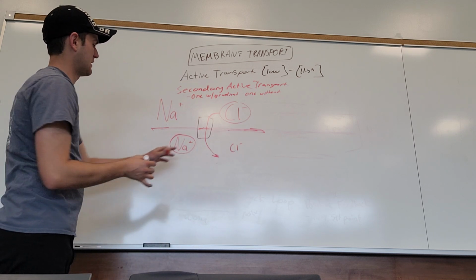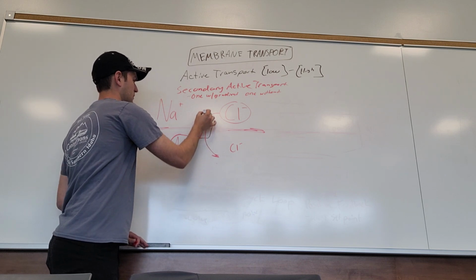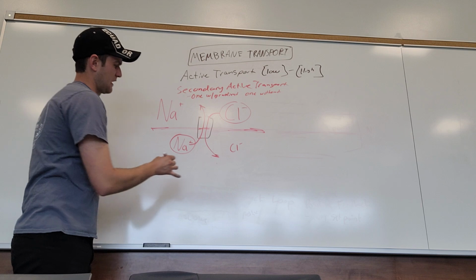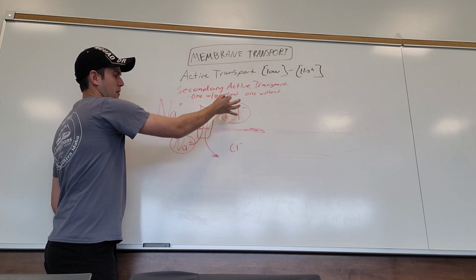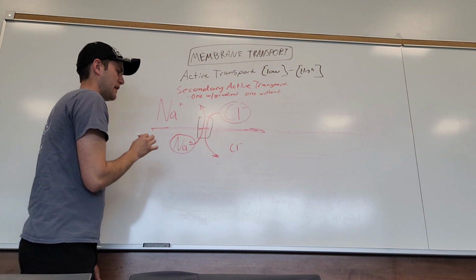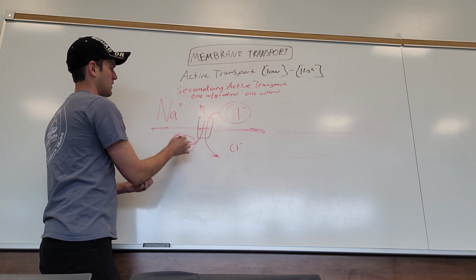And that energy is going to be able to power our sodium from the inside of the cell to its high concentration on the outside of the cell. Same thing, we're going to use our energy from our high to low concentration gradient to power our low to high concentration gradient. And with that energy, we're able to move our sodium to the outside of the cell.